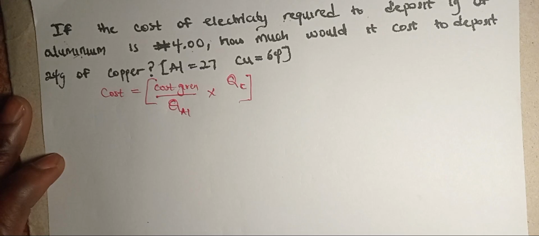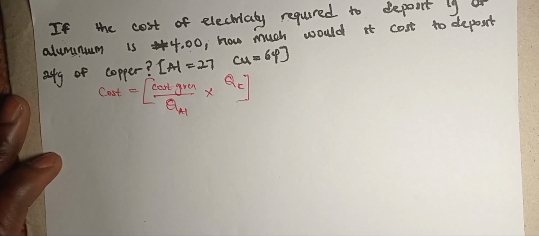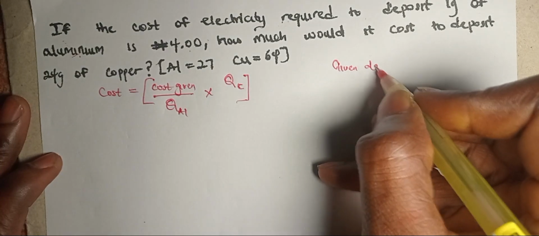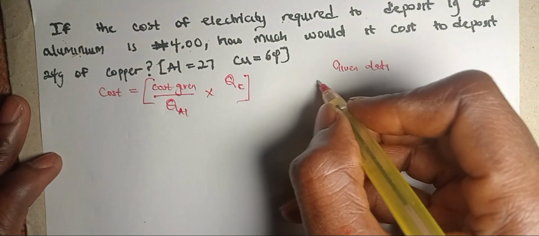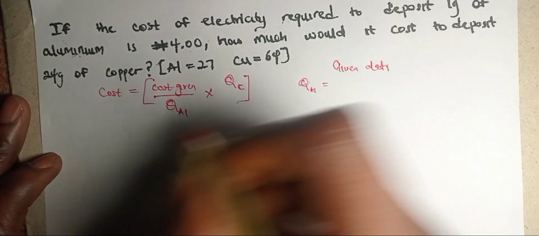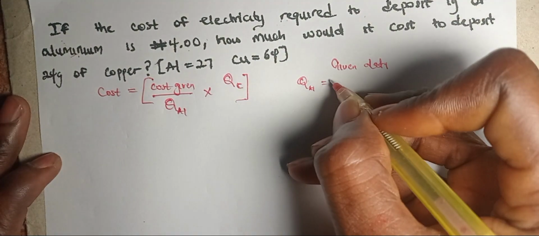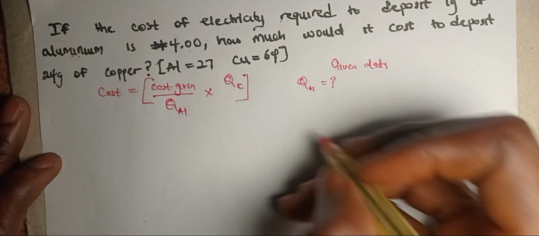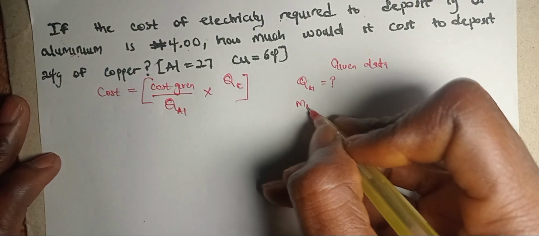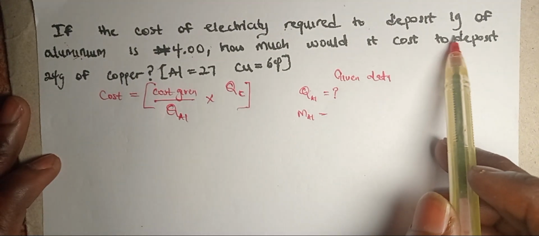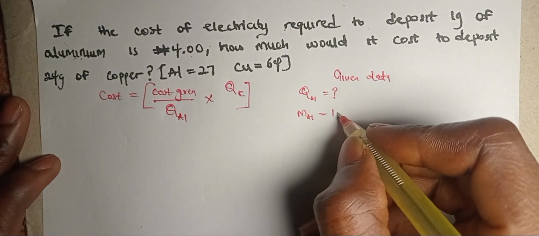Having written that, let's write out the given data from the question. The quantity of electricity for the aluminium, Q, we are not given, so it's unknown. The mass of aluminium is 1 gram.